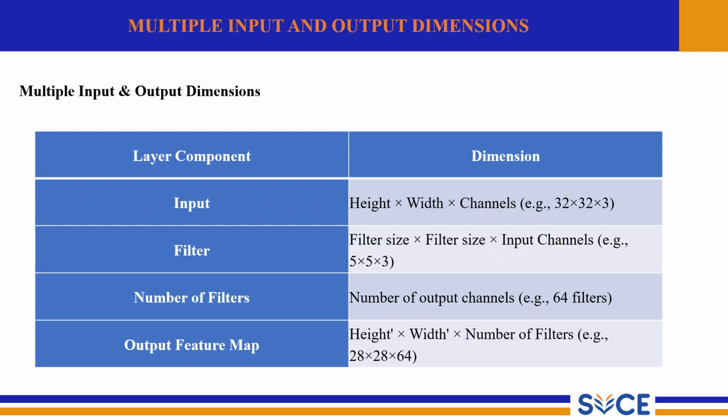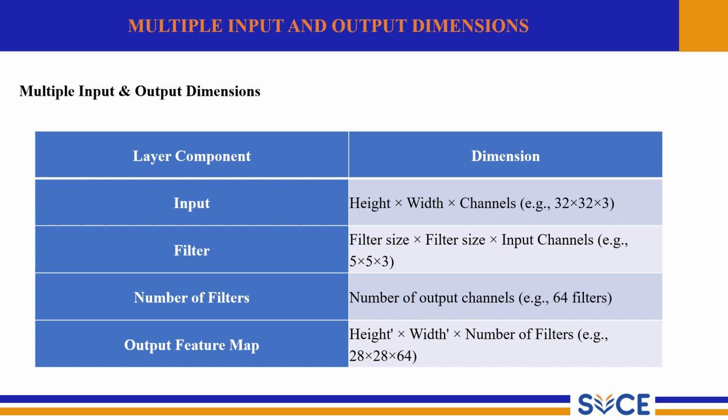Multiple input and output dimensions. The input has dimensions height into width into channels. For example, a color image of size 32 cross 32 with 3 channels, RGB, has dimensions 32 cross 32 into 3. Each convolutional filter has dimensions filter size into input channels.